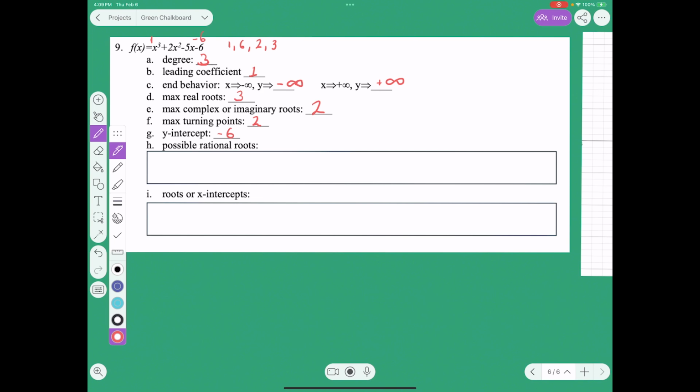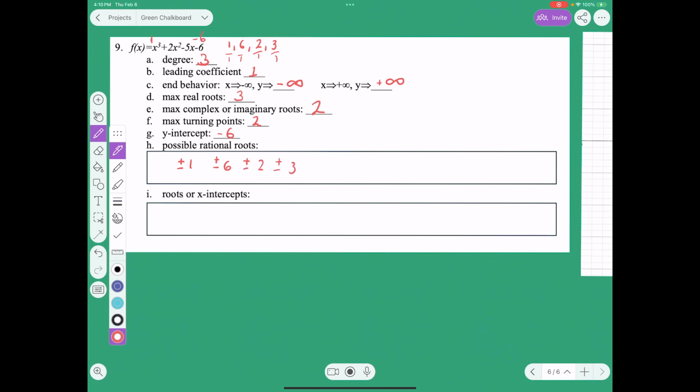Now what's nice here is these all would be our numerators, and their denominators would be all the factors of the leading coefficient. But here our leading coefficient is just 1. So you could think of all of these over 1, but we don't need to write that, right? Anything divided by 1 is just itself. So our possible rational roots are going to be plus or minus 1, plus or minus 6, plus or minus 2, and plus or minus 3.